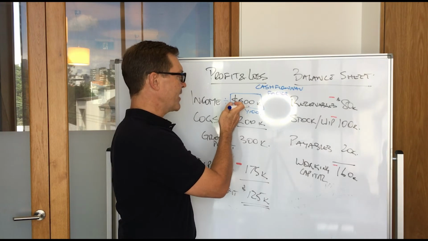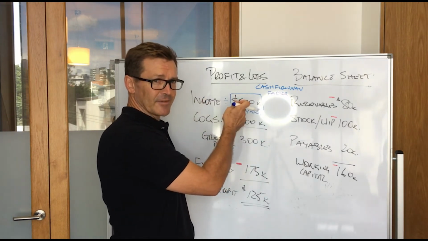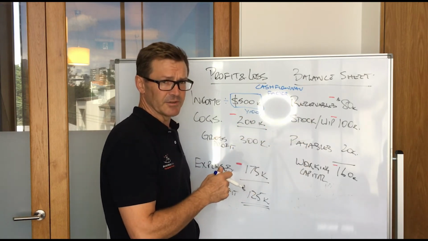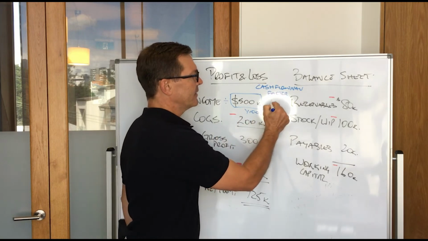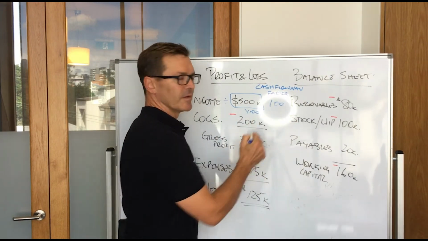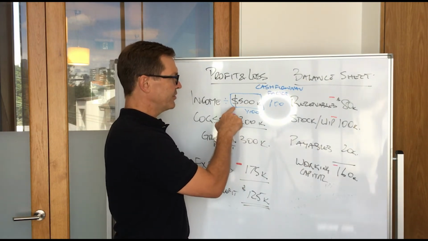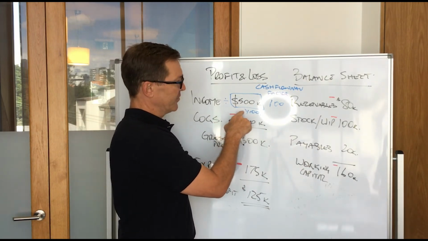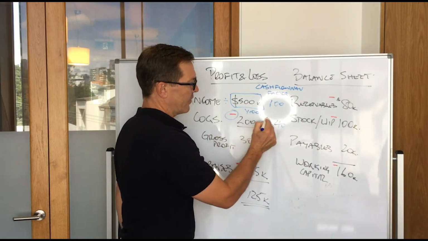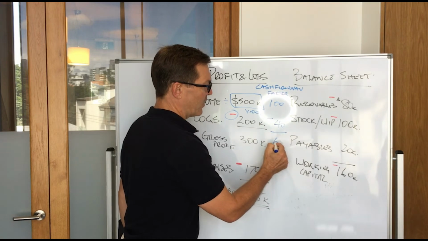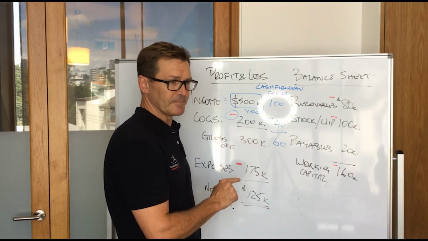So 500,000 worth of income in this line, divided by the 500,000 that we're going to divide each of these drivers by, is 1, multiplied by 100, is 100. So that's the ratio we're working to. 200,000 divided by 500 times 100 is 40. The minus comes across, and we're left with what's called a gross margin of 60 cents in the dollar.